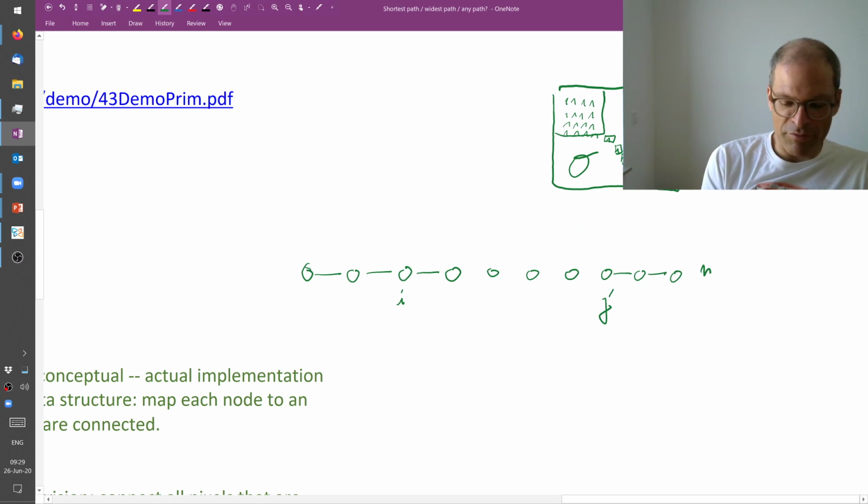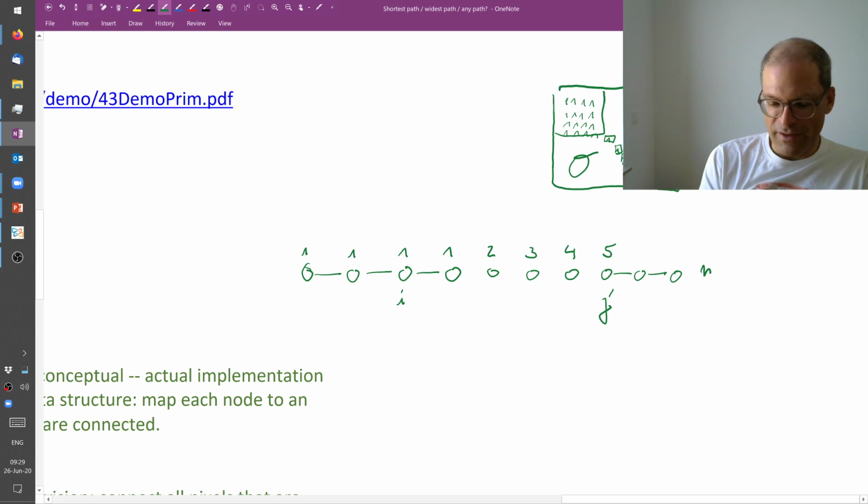It would start from the left with an arbitrary node label, which we call 1. And if there is a connection, then it just copies that label. And then if there's no connection, we start with a new node label. If there's no connection, new node label, no connection, new node label, and then we have a connection, so we copy the label again.